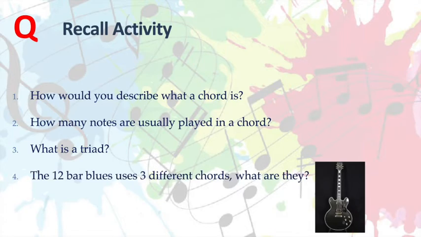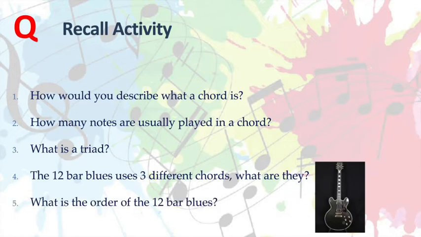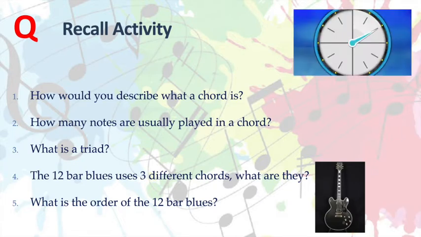Question 4. The 12-bar blues uses 3 different chords. What are they? Question 5. What is the order of the 12-bar blues? Just want you to have a think about those. You can write them down in your knowledge organiser. Just going to give you a little bit of time just to have a think about those answers.